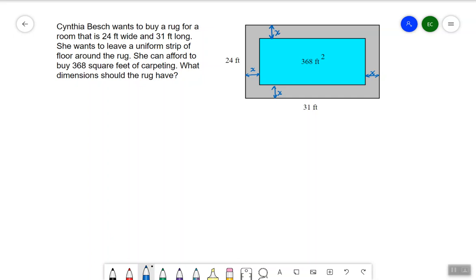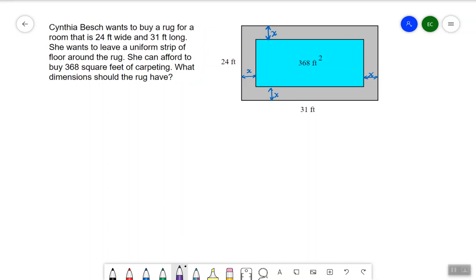And so now we can write the length and the width of the rug. Again, the rug is in blue, and so the length here is this distance right here. And so what is that distance in terms of X? Well, the entire room is 31 feet.